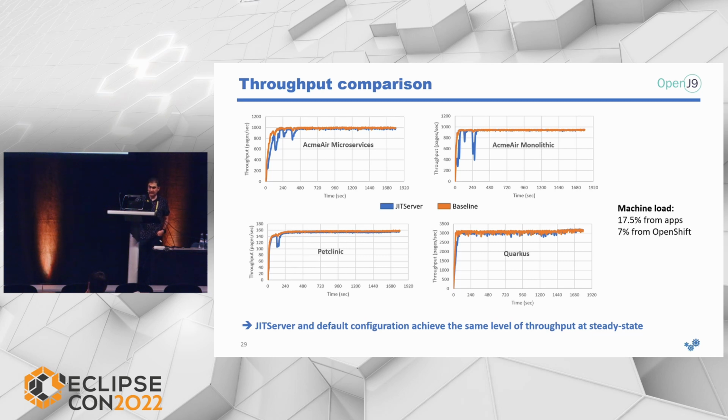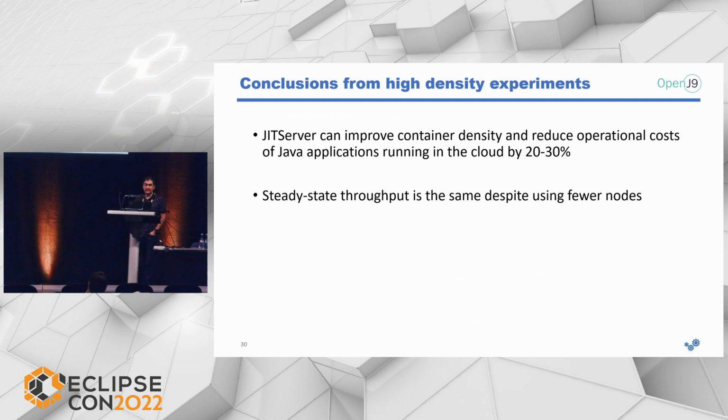So the takeaway from these experiments is that JITServer can effectively improve container density and therefore reduce the cost of running Java applications in the cloud anywhere between 20 to 30%, while delivering the same amount of throughput as the baseline. Therefore, the important metric, throughput per dollar, is improved by JITServer.